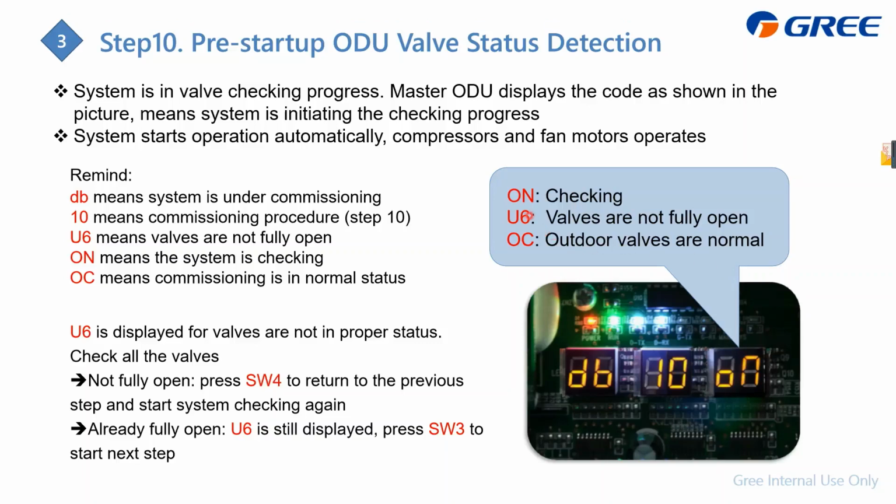But if it displays U6, it means there is an error. It means the valves of the outdoor unit are not fully opened. So when you did the installation, you forgot before the commissioning to turn on the valves of the outdoor unit. And if it displays OC, it means it's okay.